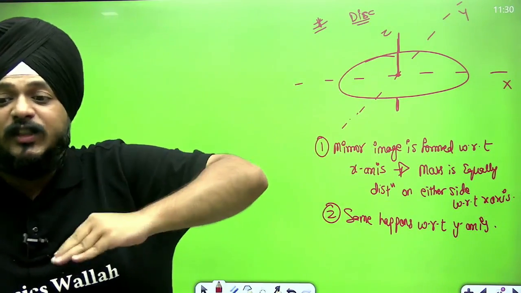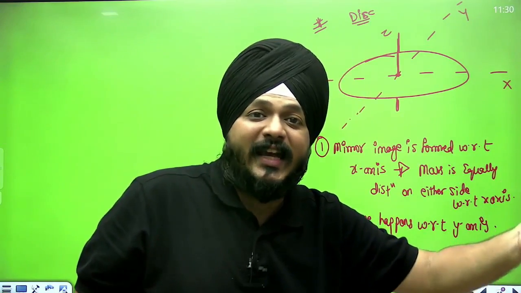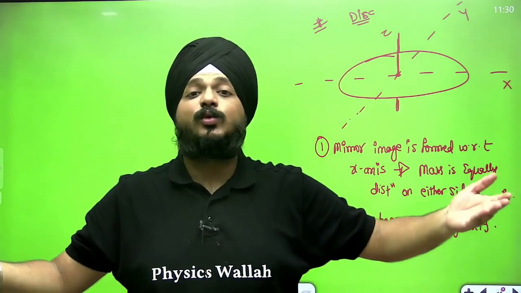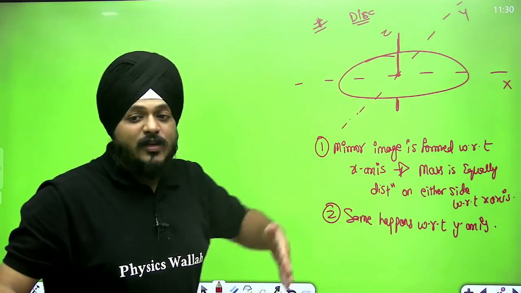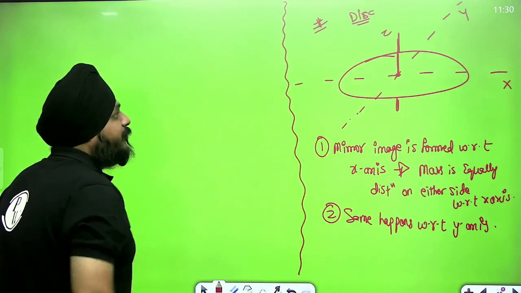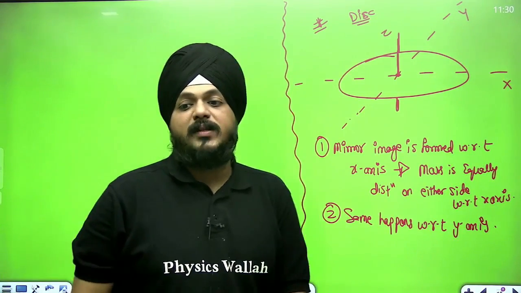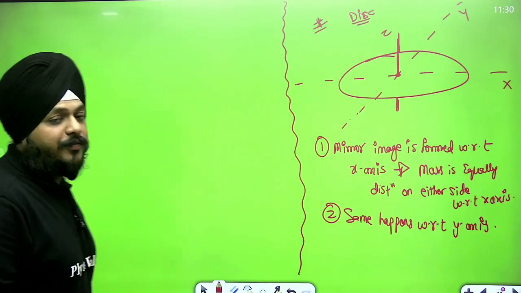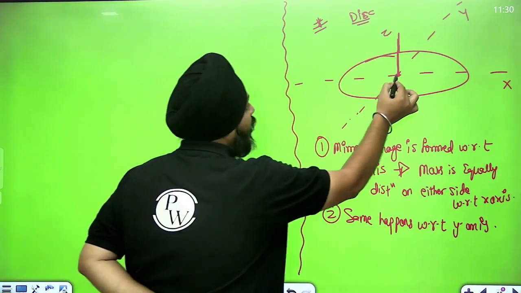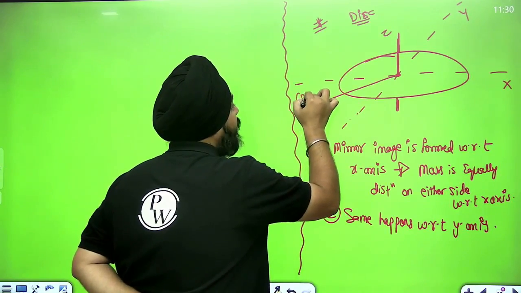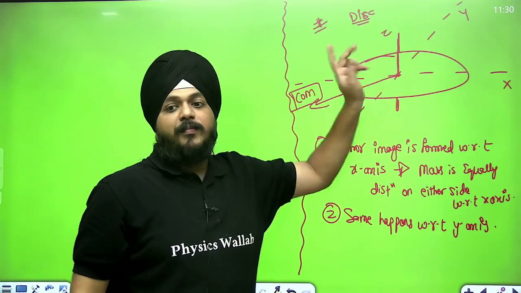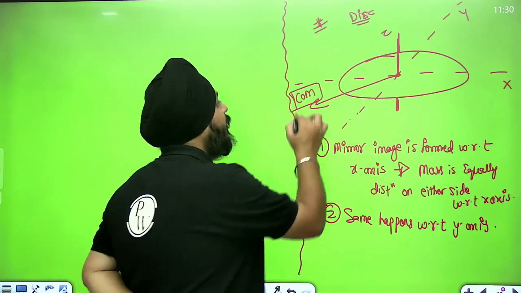The object that is on the left side of the axis is exactly the same as the object on the right side of the axis. That is known as a mirror image. So, for this reason, what happens here? The center of mass is exactly at the midpoint.